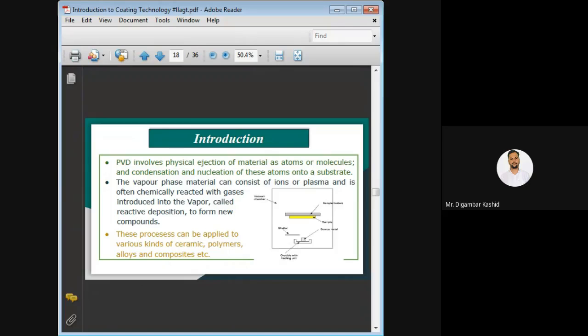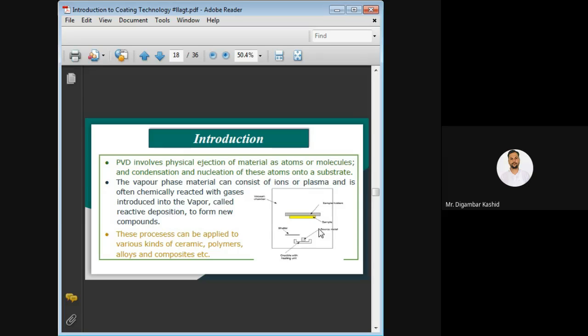So what is the vapor phase material? It can consist of ions or plasma and is often chemically reacted with some gases which are introduced into that vapor, and it is called reactive deposition, to form a new component. From this particular line, again you can see the same figure.